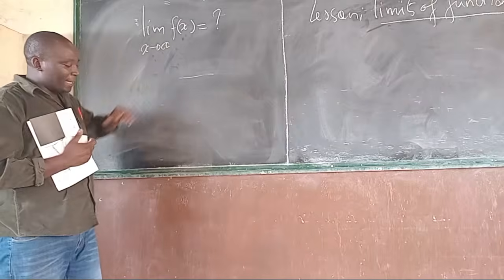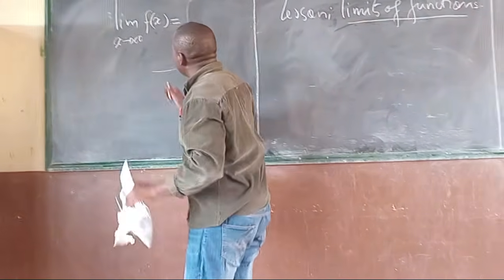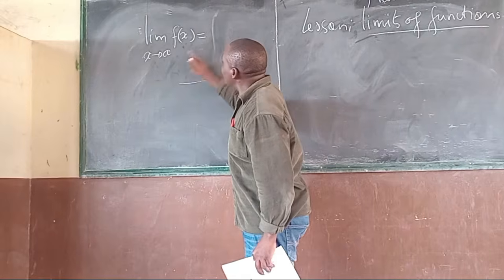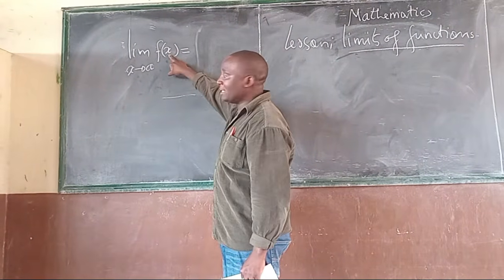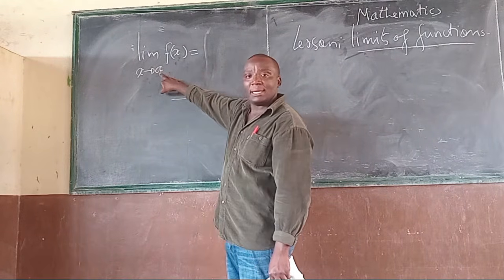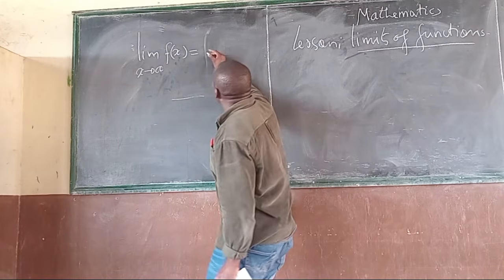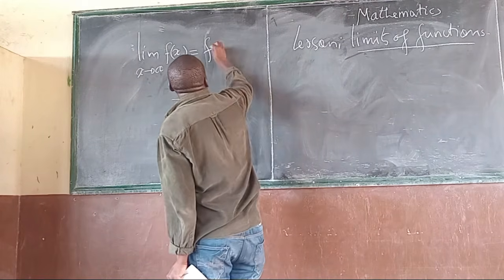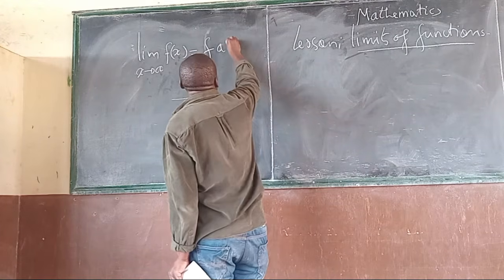equal to a. And to get that maximum point here, simply we use the technique of replacing the value of x by a. Then to get that maximum value, it is like f of, where there is x you replace by a, f of a.